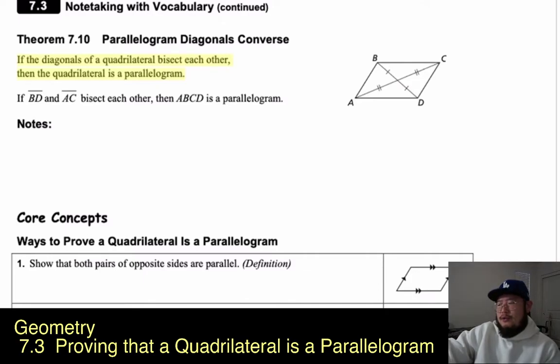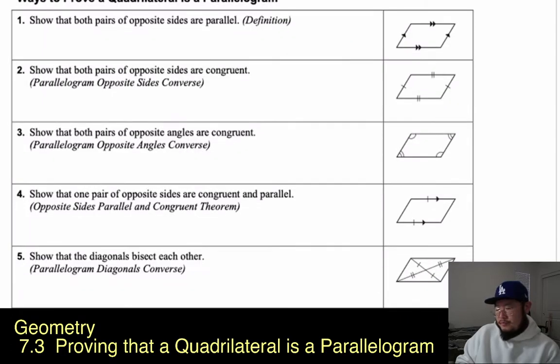So how do we prove a quadrilateral is a parallelogram? We mentioned several different theorems already, and right here, we have it in 5 steps. Number 1, we want to show that both pairs of opposite sides are parallel. That right there is the definition of a parallelogram. Or we could show that both pairs of opposite sides are congruent, which is the parallelogram opposite sides converse.